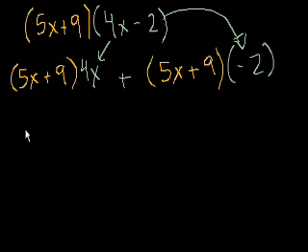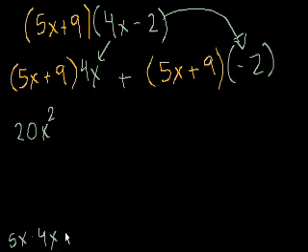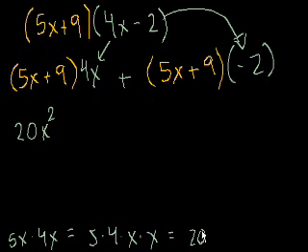5x times 4x is 20x squared. Hope that makes sense to you, because let me write it down in this corner. 5x times 4x is the same thing as 5 times 4 times x squared, and that equals 20x squared.